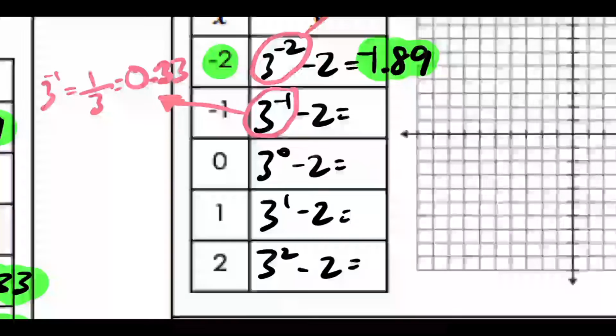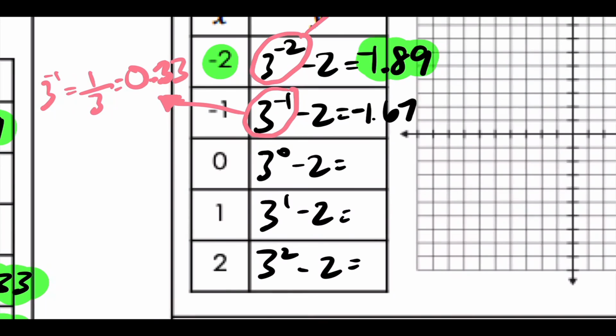Okay. So we got 0.33 minus 2. You get another negative. Negative 1.67. Okay.